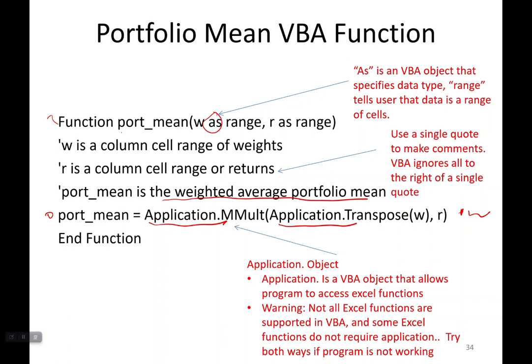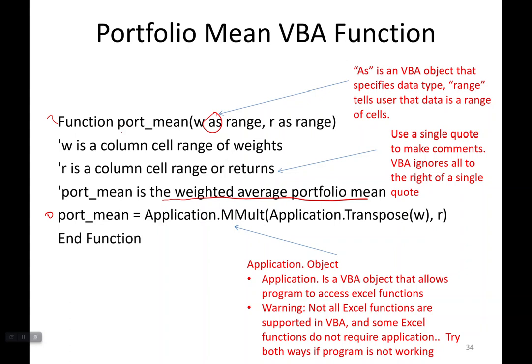The exception is math functions in general do not. In other words, if I want to use, say, square root, in general, you're not going to need an application dot in front of that, and it actually doesn't like to have that in front of that. So there's some math functions, sine, cosine, things like that, that don't require, and you cannot use application dot.